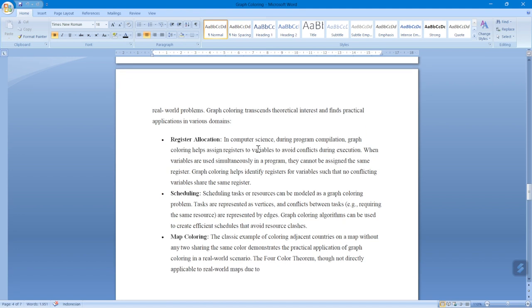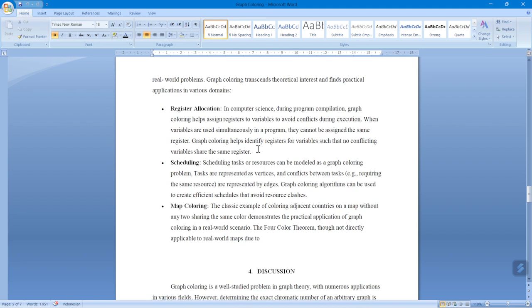Two is scheduling. Scheduling tasks or resources can be modeled as a graph coloring problem. Tasks are represented as vertices and conflicts between tasks requiring the same resource are represented by edges. Graph coloring algorithms can be used to create efficient schedules that avoid resource clashes. And three, map coloring.